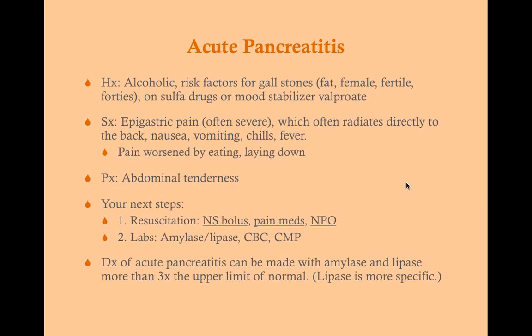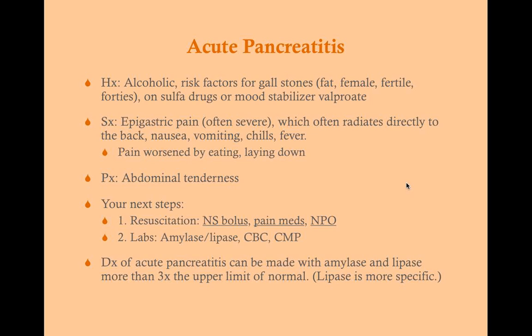Nausea and vomiting are very common with acute pancreatitis, and fever and chills can happen as well just due to the inflammatory factors circulating in the blood. The pain tends to be worsened by eating, and of course that also makes sense because when you eat, you stimulate the pancreas, and if the pancreas is inflamed, then you're going to get release of enzymes and it's going to worsen your pancreatitis.